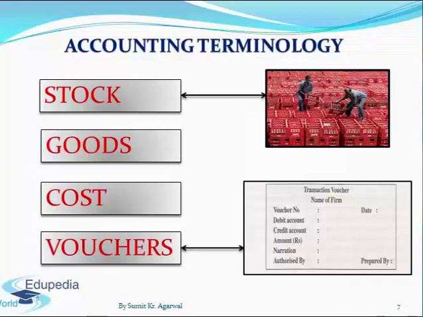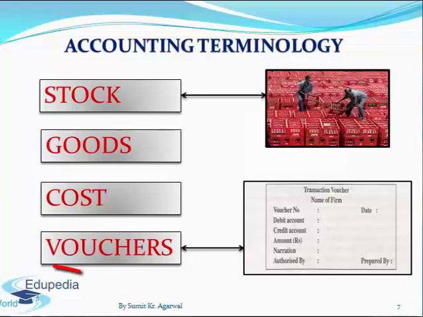So all these amounts spent to get that machine installed and ready for use is the cost of that machine. Similarly, when we manufacture something in a business, all the amount spent up to the point when that product is ready to be sold is the cost of producing that product.